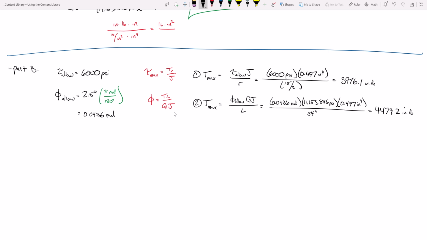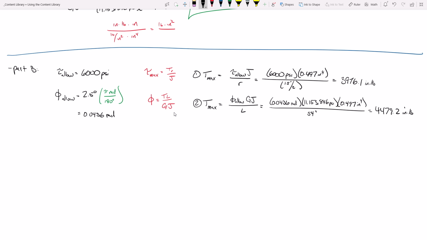Let's recap a little bit. What have we done? If the maximum stress is 6,000 psi, then the maximum allowable torque is 3976 inch-pounds. On a separate note, if the allowable angle of twist is 2.5 degrees, the maximum permissible torque is 4479.2 inch-pounds.